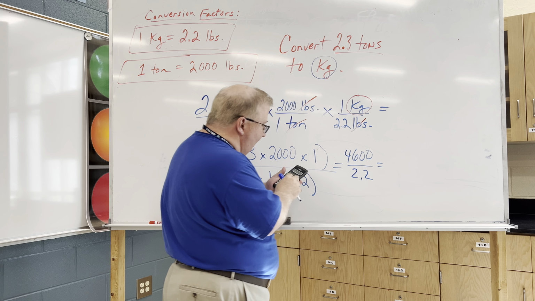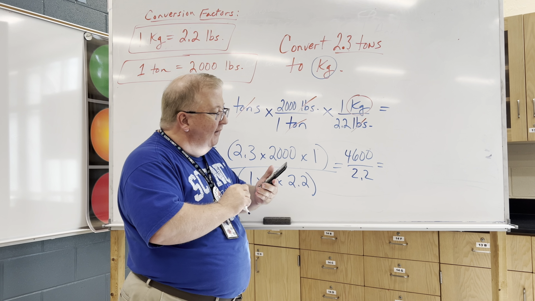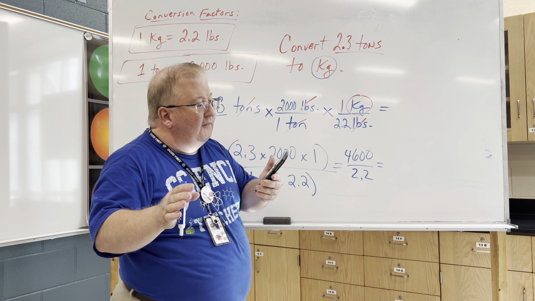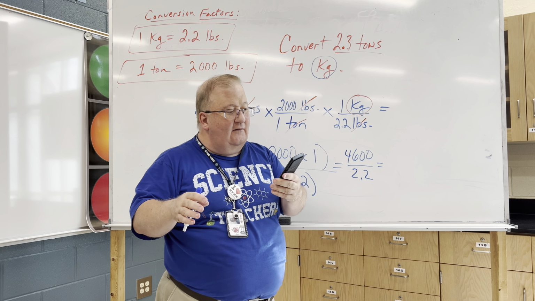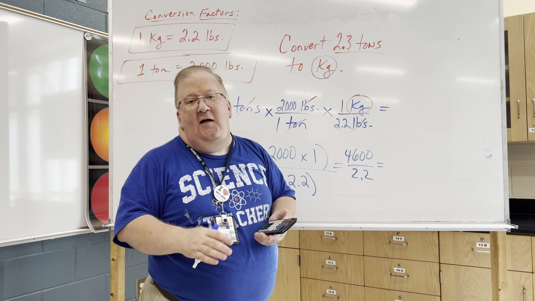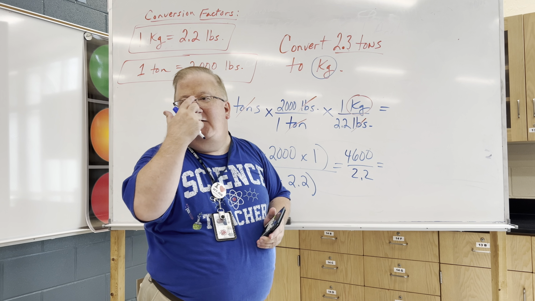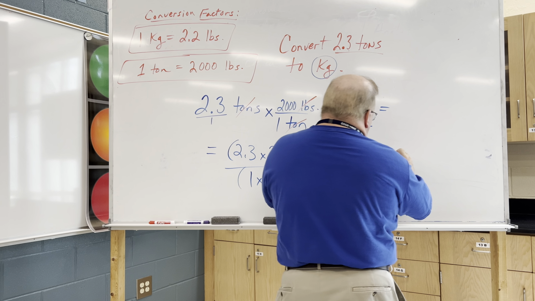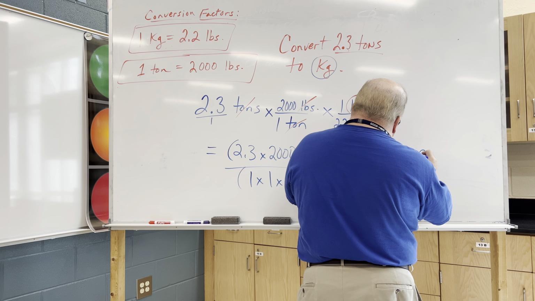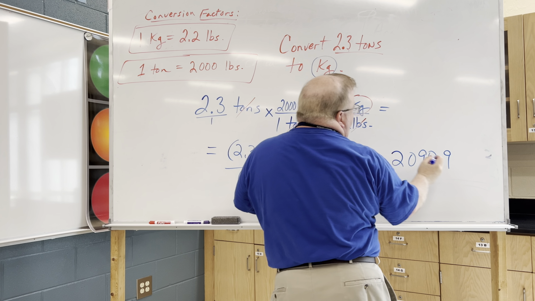All right, now I'm going to divide 4,600 divided by 2.2. Now I get this really long number. I get 2090 decimal 909091. I'm going to tell you to take it at least to the 10th place, 1 place past the decimal. So I'm going to do 2090.9 kilograms.